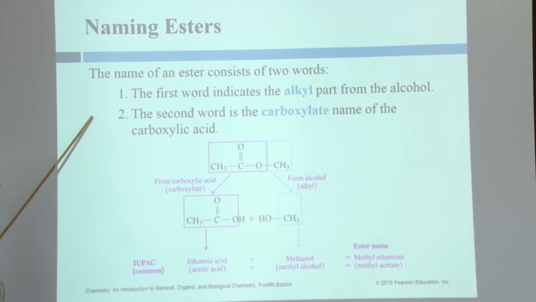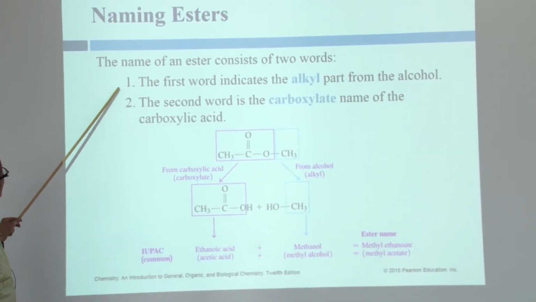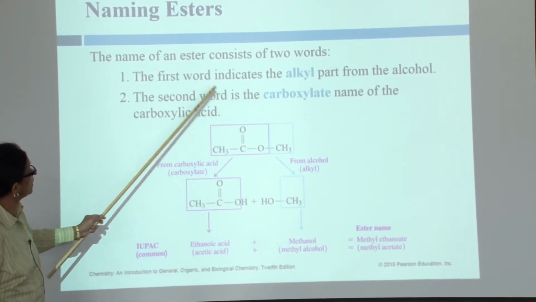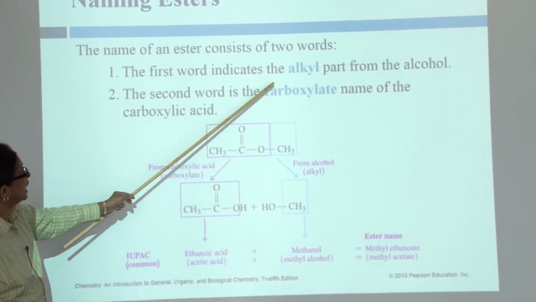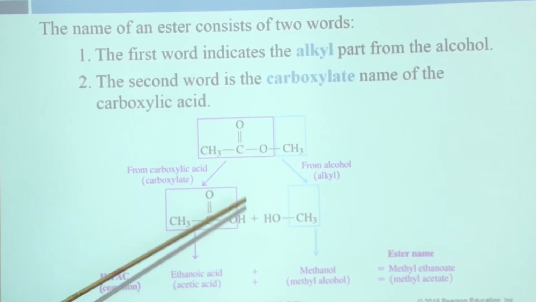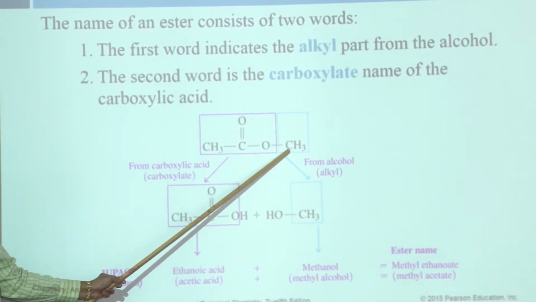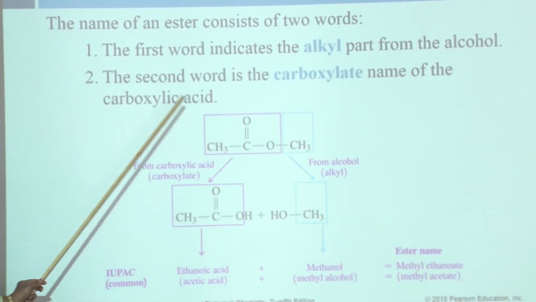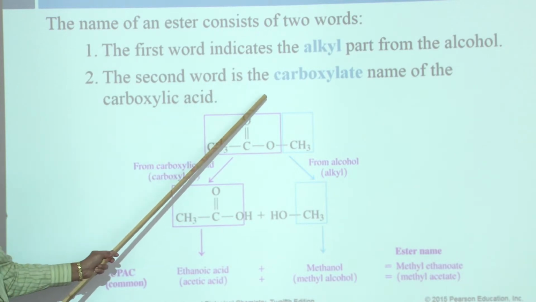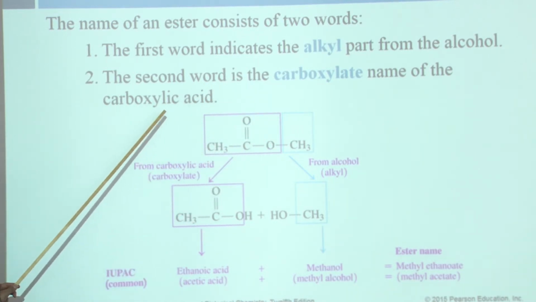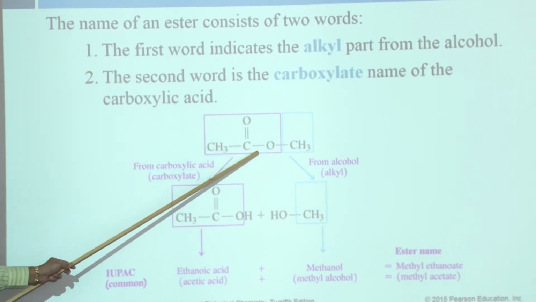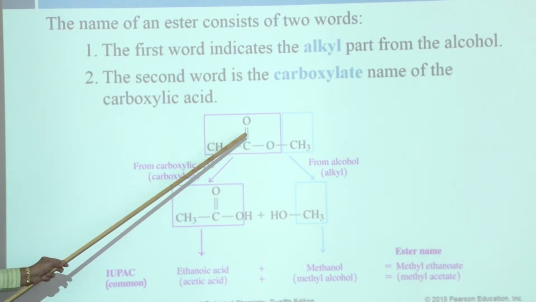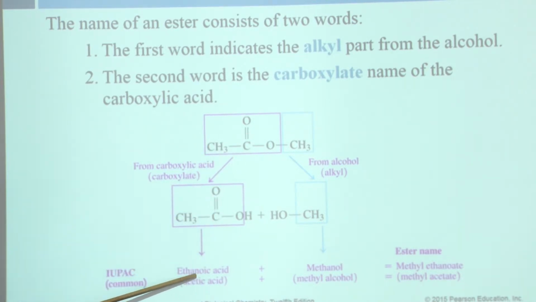The name. Now again, we said the name of ester consists of 2 words. The first word indicates the alkyl part of the alcohol. So this is the alkyl part of the alcohol. Here, methyl. The second word is the carboxylate name of the carboxylic acid. This is the carboxylic acid, 1, 2 carbons, ethanoic acid, ethanoate.